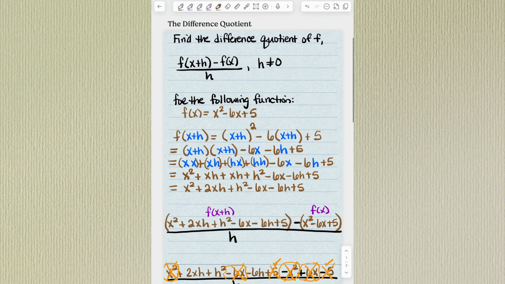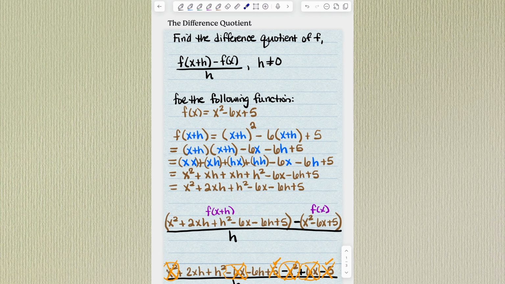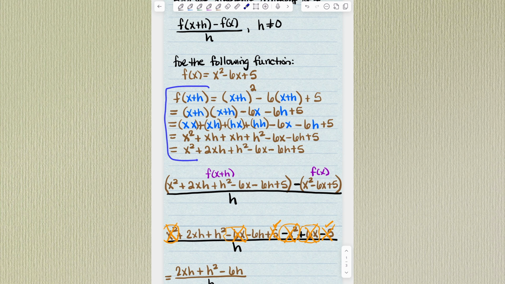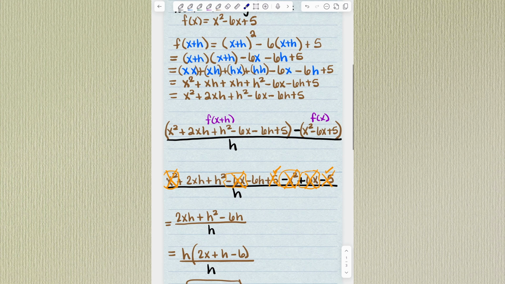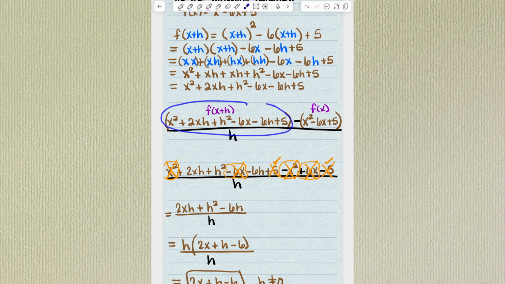So here's what we did. We found f of x plus h here. We came out with this very long equation here. And then we subtracted it from f of x. So we took our f of x plus h and we subtracted f of x. We divided it by h. We distributed this minus sign to every value in the f of x.